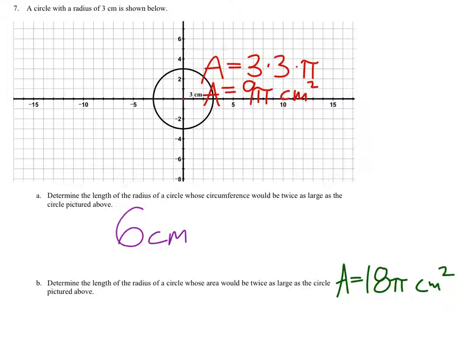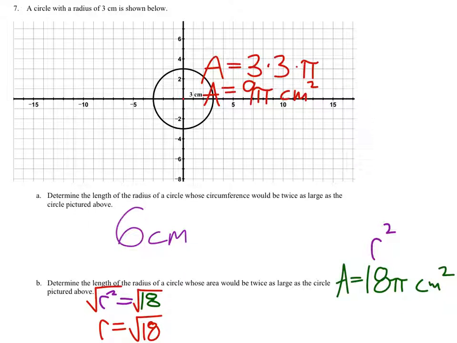So the pi we're not so worried about. We can tell that the 18 would be the same as the radius squared. So the radius squared equals 18 right now. And to solve this, we'll just square root both sides. And that gives us the radius of the square root of 18 in centimeters.